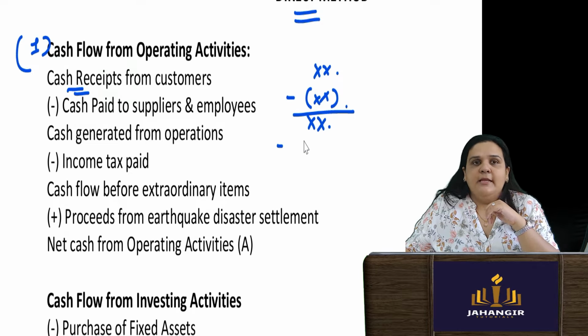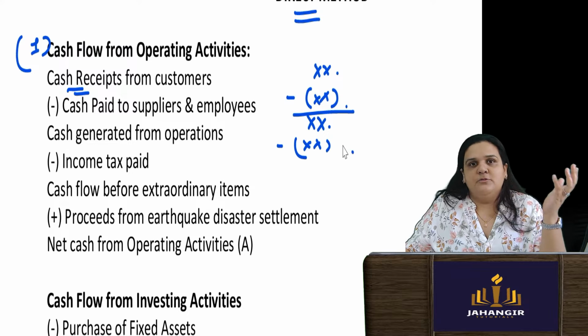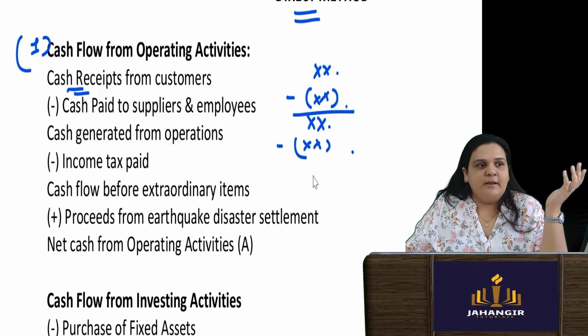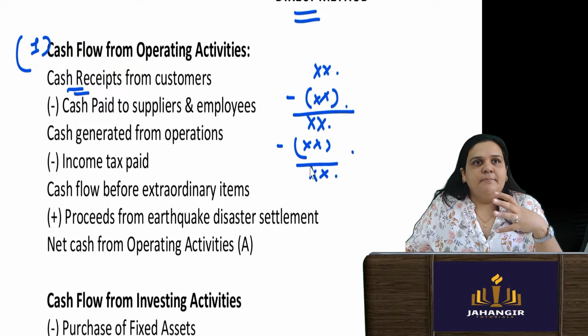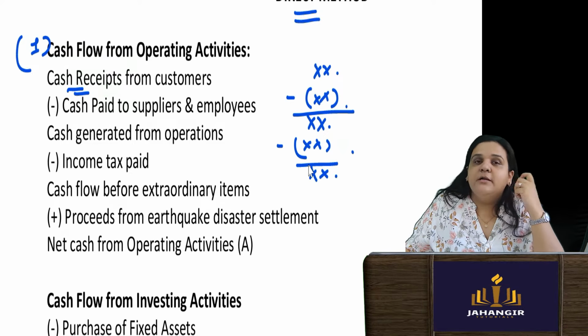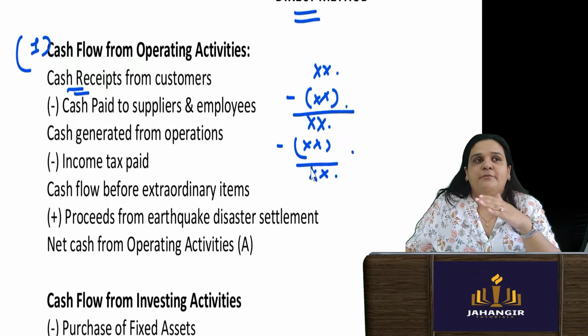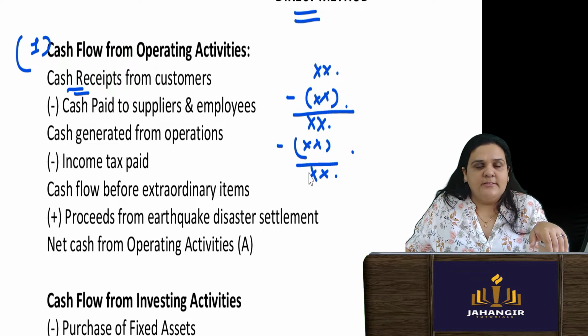From that, income tax we have to pay. There is no way that we can evade tax. Income tax has to be paid. I get cash flow before extraordinary items, if there are any. Extraordinary means something unusual took place, because of which we got some money in, because there was a strike, or say an earthquake disaster settlement, etc. Only then, for any kind of extraordinary item which may or may not be there, we have to just add that back.